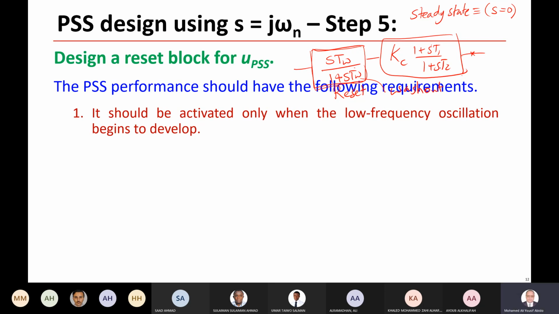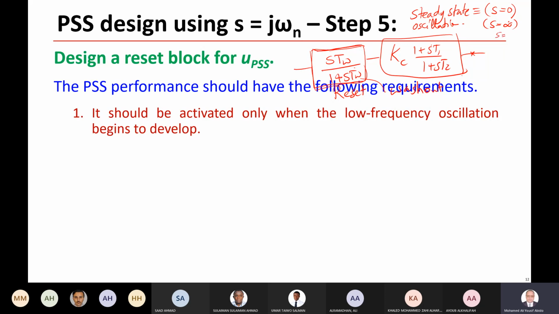Now at the oscillating frequency, at the disturbance, we need this block to have a gain equal to 1. Let us say, for example, high frequency oscillation, if S equals infinity. Let us go to the extreme case.